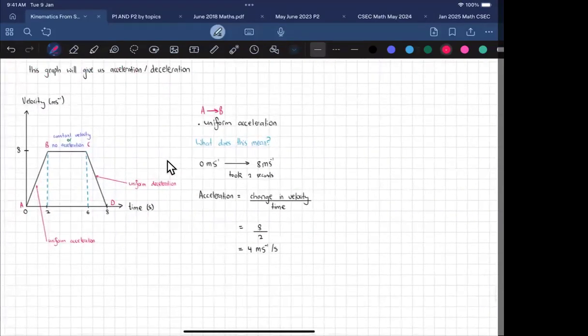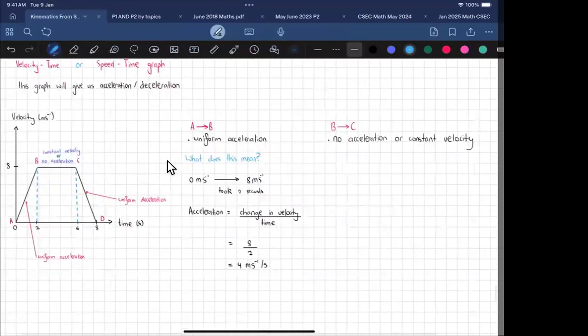So from A to B, we have uniform acceleration. From B to C, we have no acceleration. Right. So you all could begin copying down.